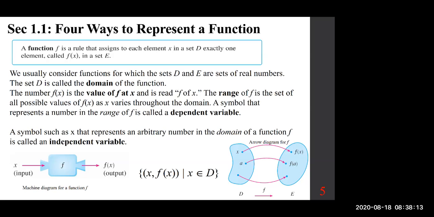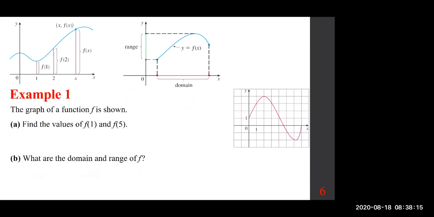Now, if you're looking at this example, we should be able to read and tell what's going on, okay? I want you to pay attention to the top right graph. The top right graph shows you the domain and range.